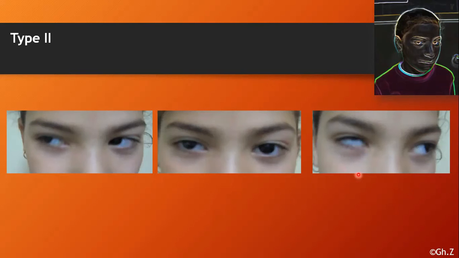I will say in a moment later on that the hallmark of Duane is narrowing, but sometimes it is so subtle. So we will get some exceptions, and we will go through the exceptions at the end of the presentation. But these are features that, when combined, point to the diagnosis of Duane.